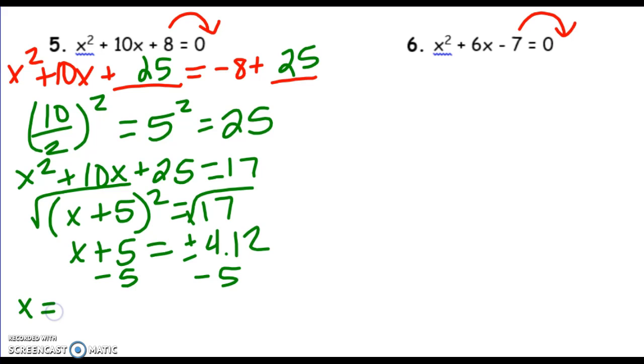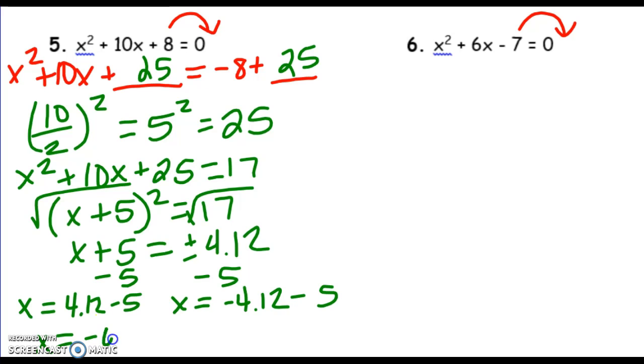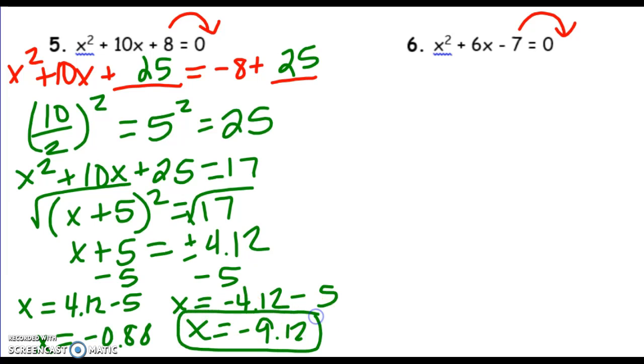So x equals 4.12 minus 5, and x equals negative 4.12 minus 5. So x in this case is going to equal negative 0.88, and in this case x is going to equal negative 9.12. So those are going to be my solutions. Kind of messy, but it works.